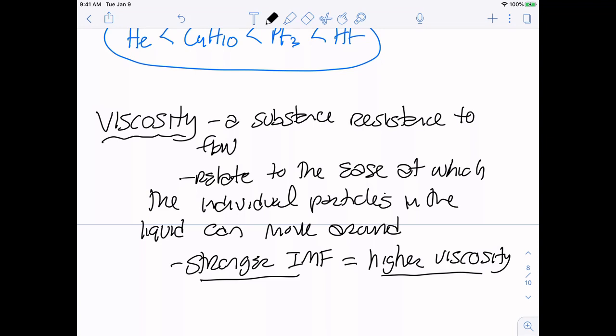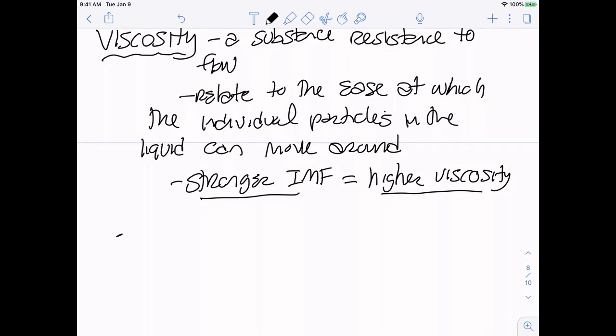The next one we're going to look at is surface tension. And our trend is going to be the same as it is for viscosity and boiling point. Our definition, however, is different because it's a different property.